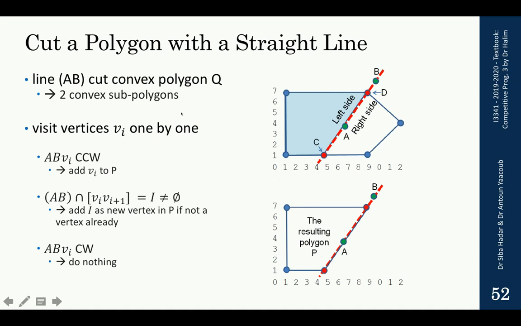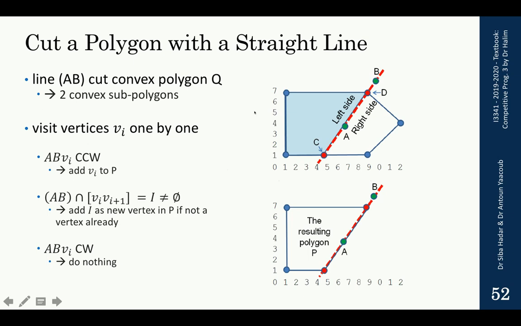So the input is the polygon, the big polygon Q, and a line defined by 2 points A and B. I want to draw your attention here that A is always before B in X values, and we want as output the effect of this cutting, which will of course cut the convex polygon into two convex subpolygons, and the output will be one of these two, the left side. So this is the problem here.